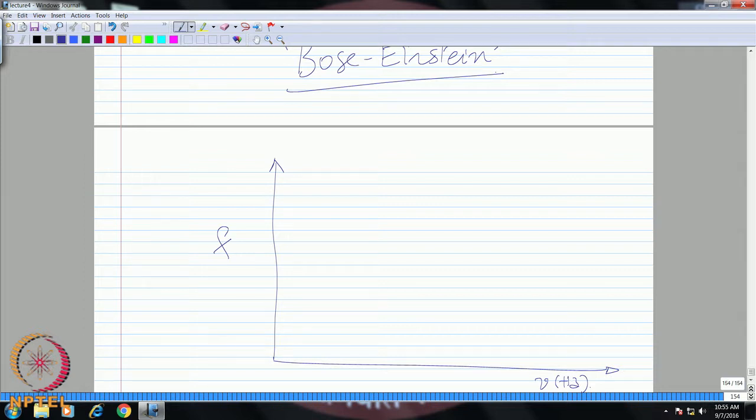And how does it vary with temperature? At say 100 Kelvin you will have a function which is like this. So this is at 100 Kelvin. Say at 300 Kelvin this will be looking like this, and as your temperature keeps increasing, the number distribution will approach 0 for larger values of frequency.